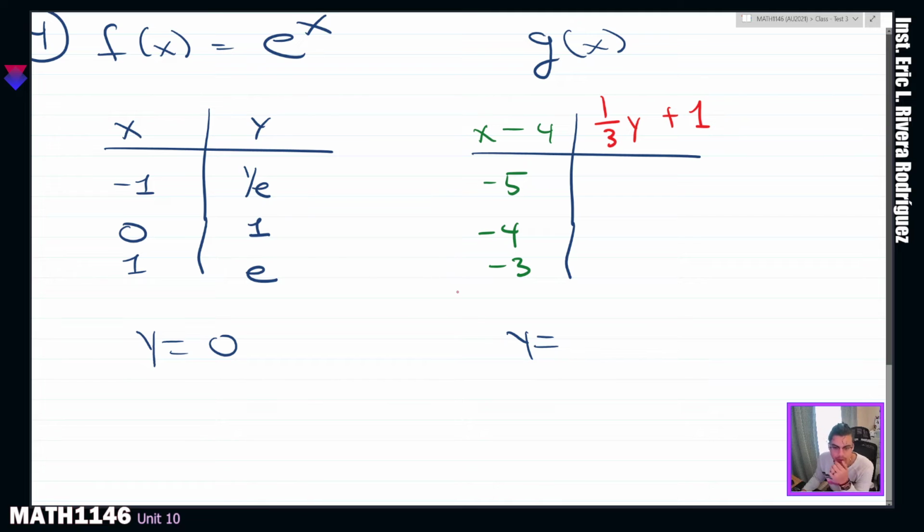Right, so Rachel, I have the first one, 1/3 times 1/e plus 1. We can simplify that as 1/3 times e plus 1.